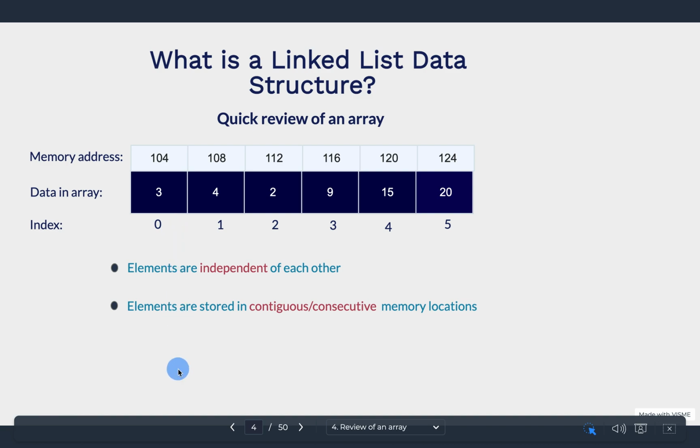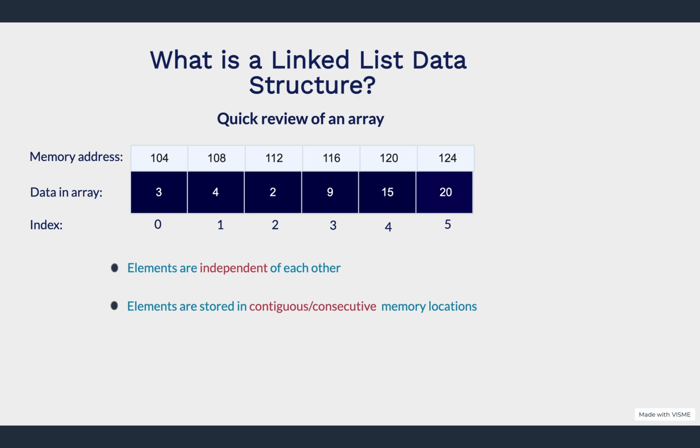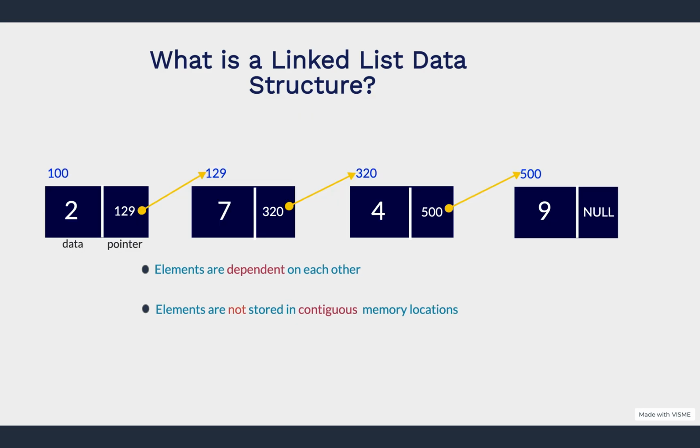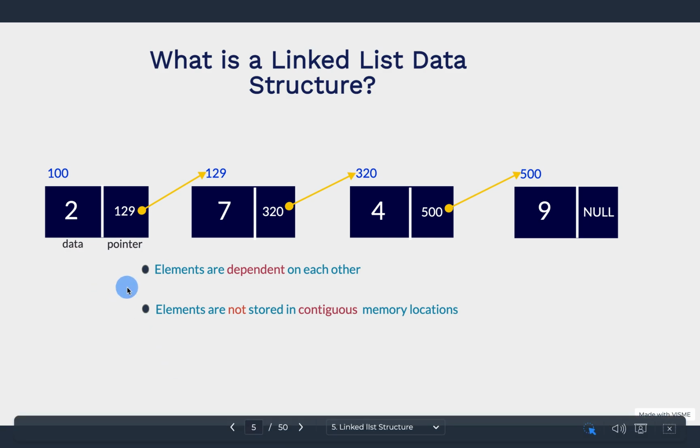So now that we understand the array, we've had a quick review of the array. Let's check out the linked list, which is our major focus. So what is a linked list? Now, when you check out this diagram, okay, the first thing to note is that the elements are dependent on each other.